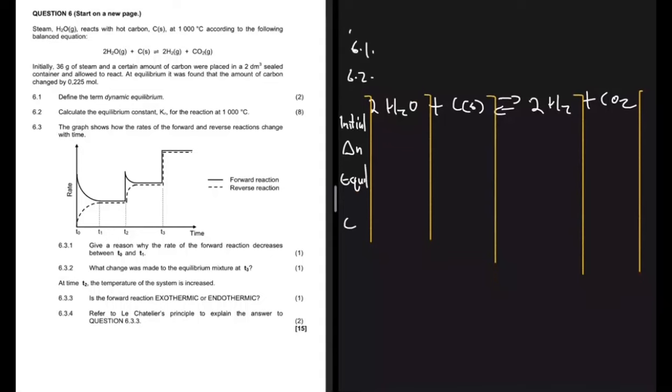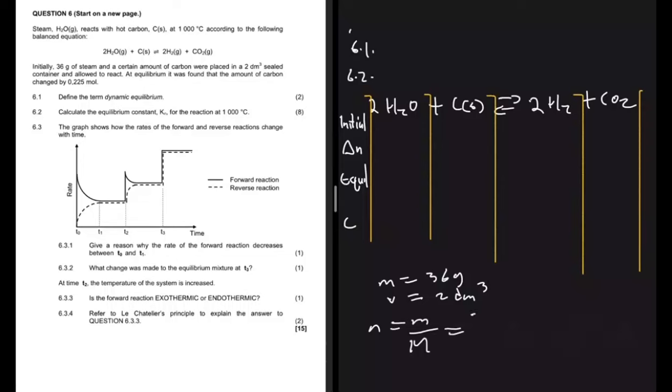So it is said that initially we have a mass of 36 for H2O, right? And then the volume is equal to 2 decimeter cube. We know that the number of moles is given by the mass divided by the molar mass.